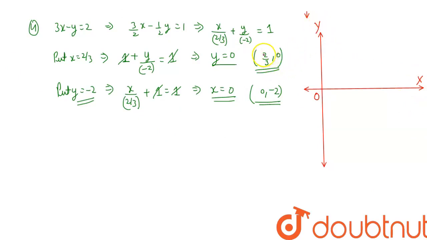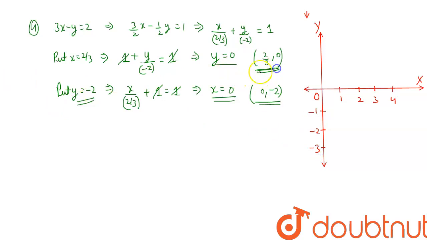Now they have given us the points. So let us plot the points here. So here we have 1, here we have 2, here we have 3, here we have 4, and on the y-axis we have minus 1, here we have minus 2, here we have minus 3 like this.